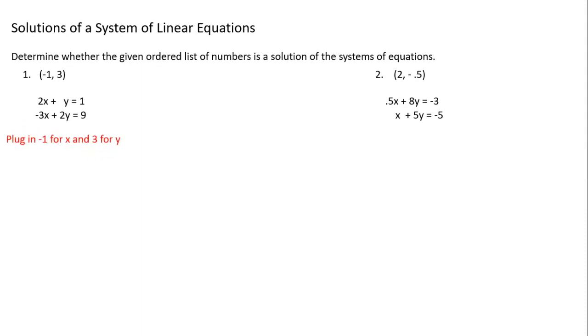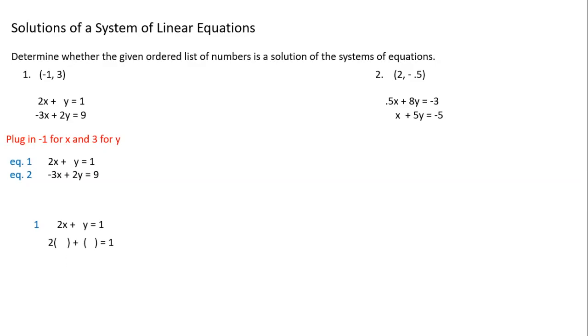So I'm going to plug in negative 1 for x and 3 for y for each one of these equations. Let's start with the first one. I'm going to call the first one equation 1 and the second one equation 2. Starting with equation 1, everywhere I see x, I plug in negative 1, and for y, I plug in 3.